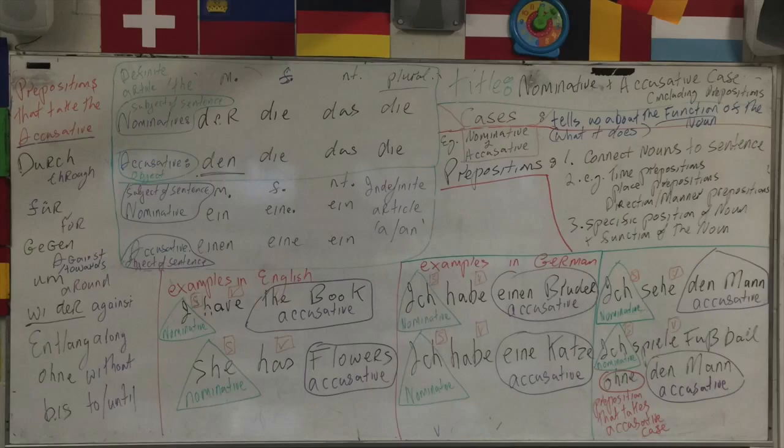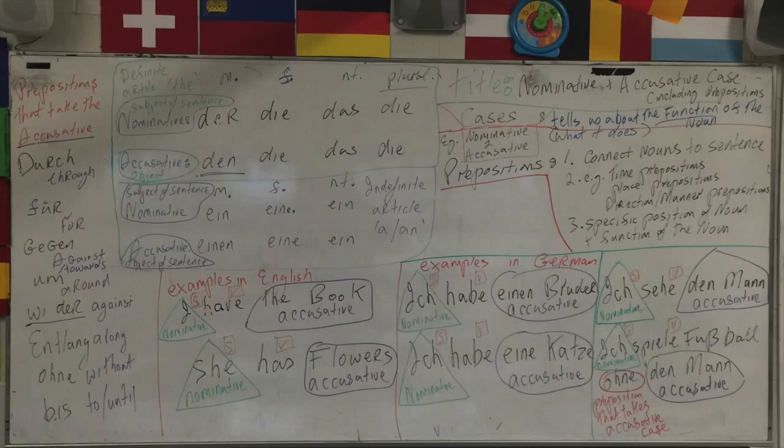Now, die Kirche obviously isn't a feminine attribute, but it's just die. Also, to note that all German words ending in E are die words, so die Kirche, die Küche, and the only exception, the only word that doesn't take die, that ends in E, is das Wochenende.